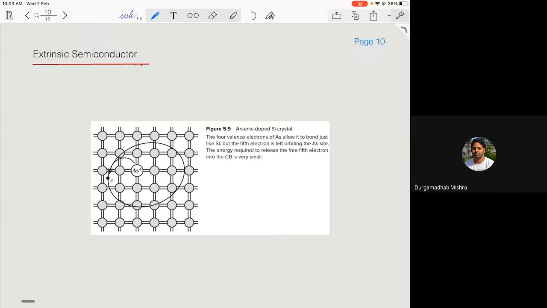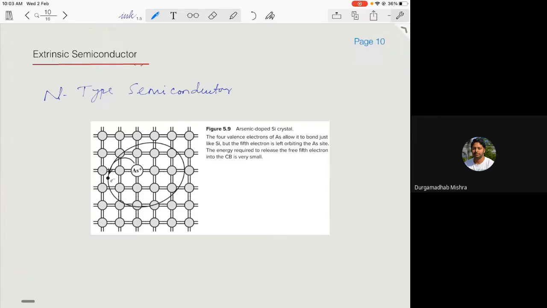And first we are discussing the N-type semiconductor here. So this picture shows an N-type semiconductor. You have a pentavalent atom, with valence state 5, such as arsenic or phosphorus.